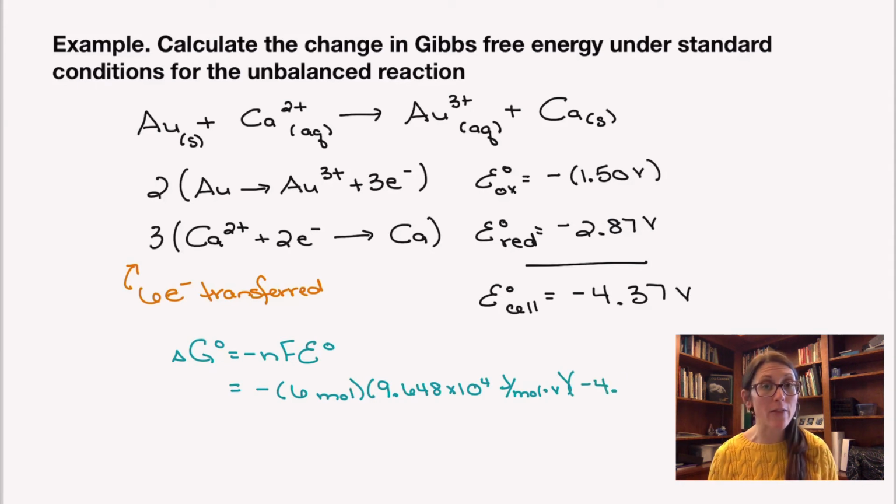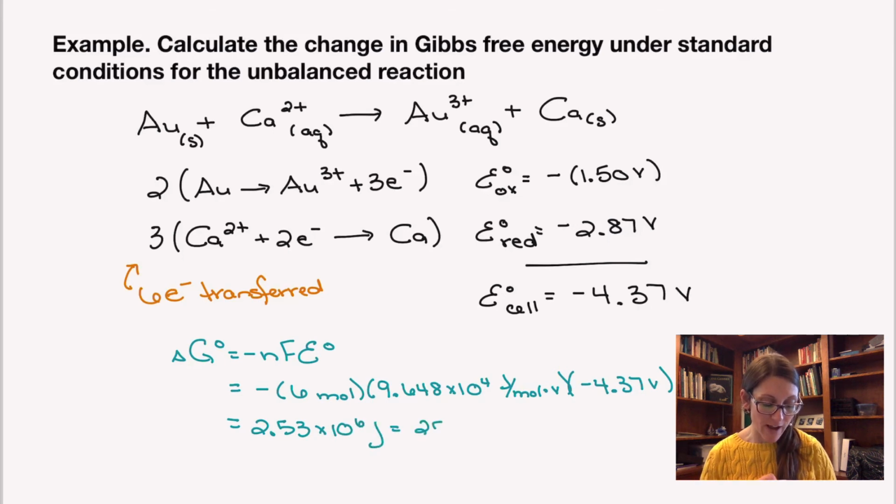That's convenient. And the voltage from your cell potential, and you get 2,530 kilojoules. Notice this is a large positive number. It is not thermodynamically favorable, in agreement with the value for E naught, which was negative.